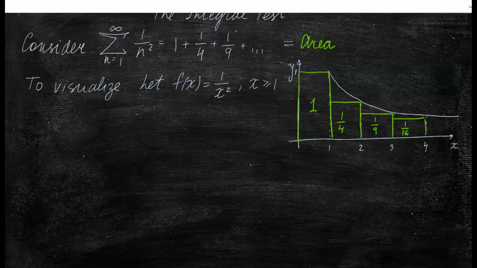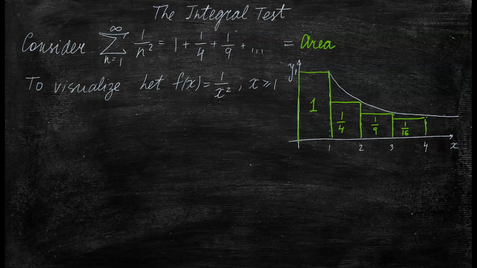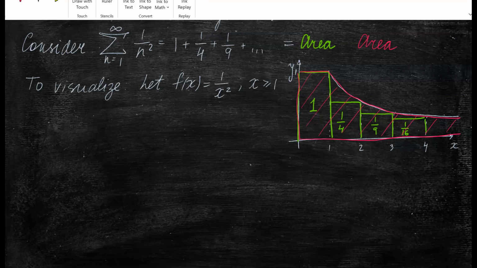Now, it is very easy to make the following observation, that the green area is actually less than this red area. So we can see by how the green and red areas were constructed that the green area is less than the red area.